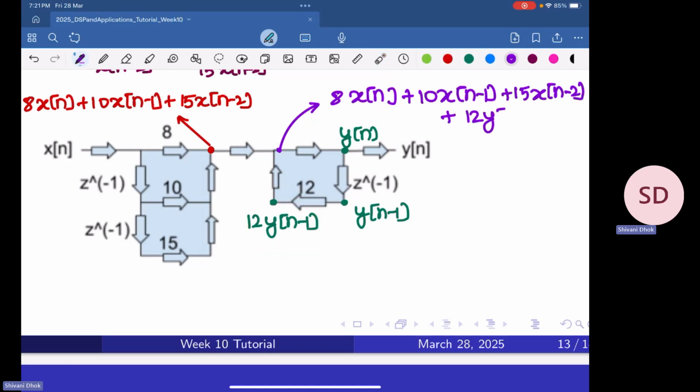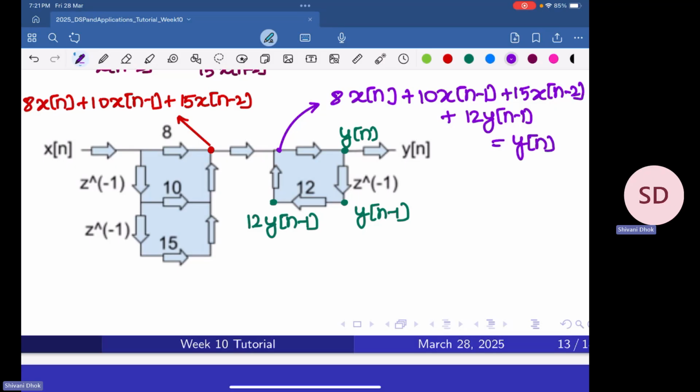Okay, and this gets traveled to this point. So basically this point here and this point are exactly the same. So what we have got now is that this is equal to our y of n.